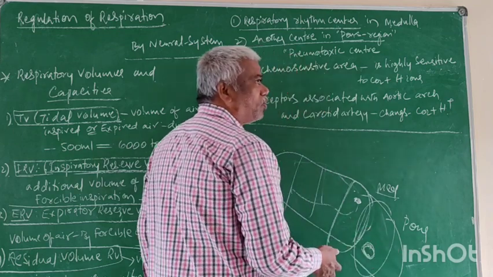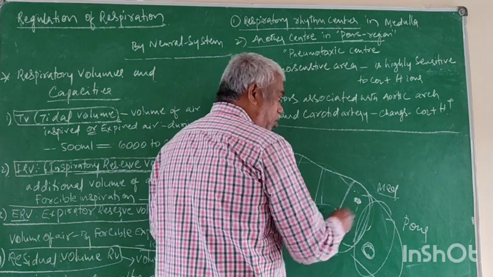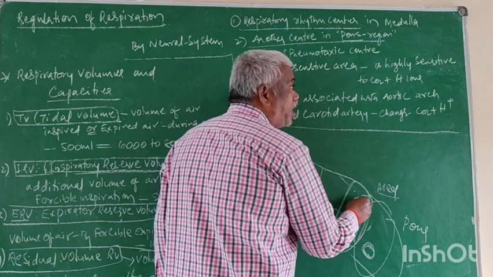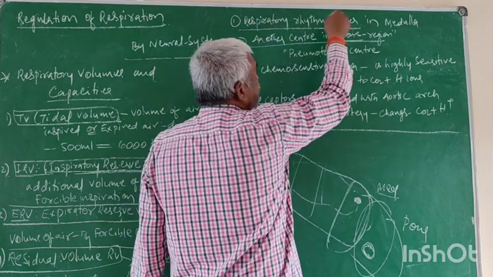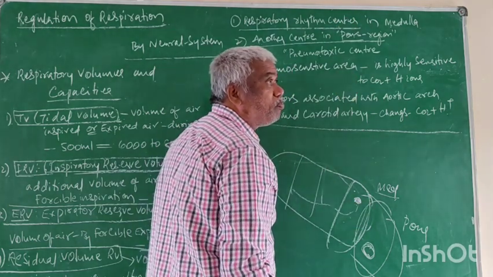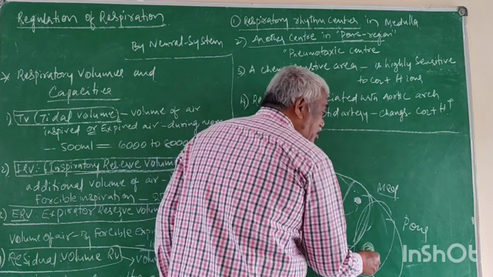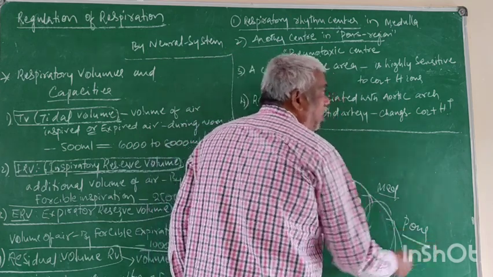This is the medulla. In this medulla, what is this point? The point is the respiratory rhythm center. The respiratory rhythm center is present in the medulla. Another center is there in the pons.